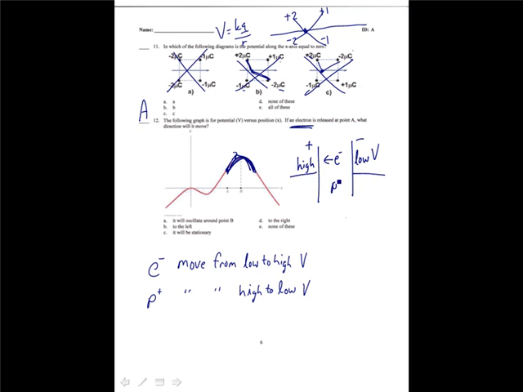A proton is going to move in this direction, away from the high potential side, from high to low. Alright, and you can think about this just because the negative charge is repelled by the negative charges, the positive charge is repelled by the positive charges. So if that helps you, then so be it. Otherwise, just memorize these rules.